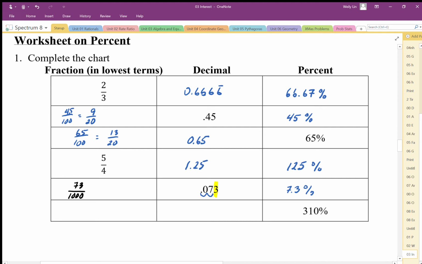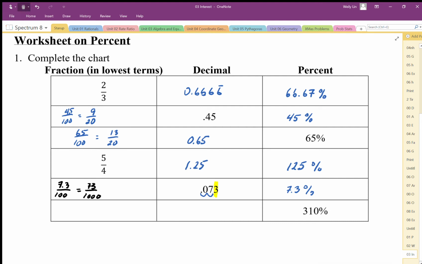What you could do, and this is not good work with fractions, is write this as 7.3 out of 100, and then times 10 on top and bottom to get 73 over 1,000 that way.